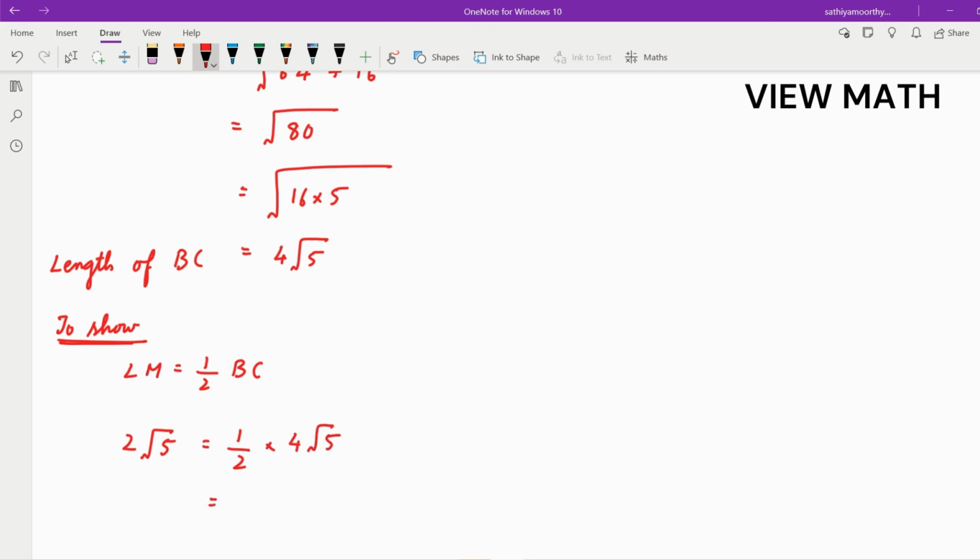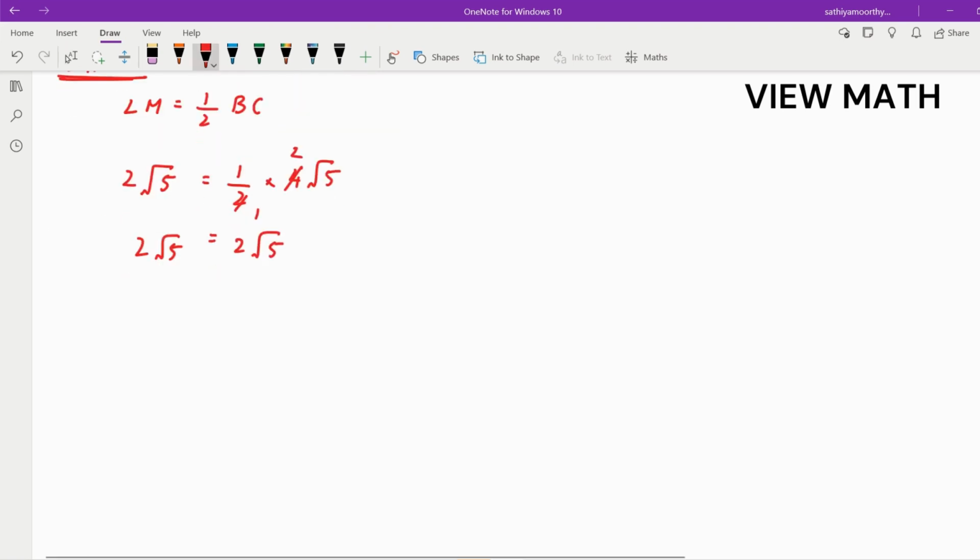So this is equal to 2, 1 times and 2, 2 times. So this is equal to 2 root 5. So 2 root 5 is equal to 2 root 5. Left hand side is equal to right hand side. Therefore, LM is equal to half of BC, hence proved.